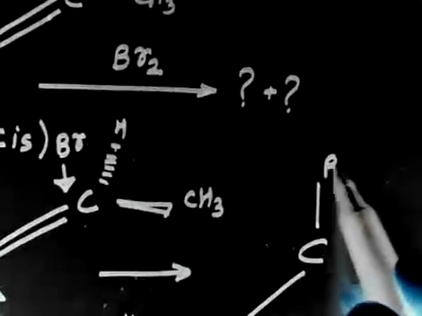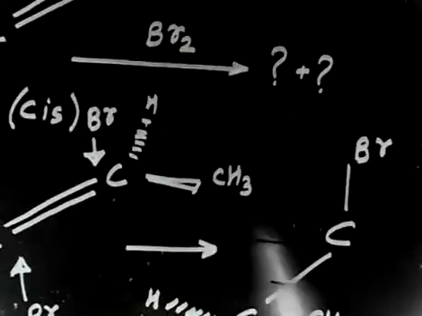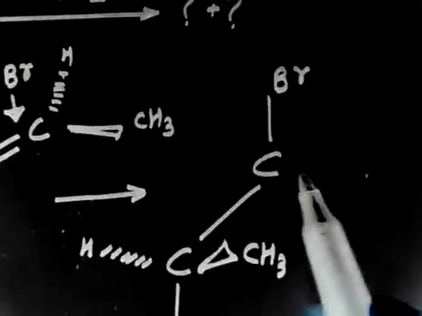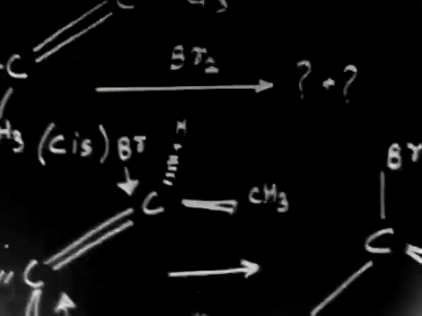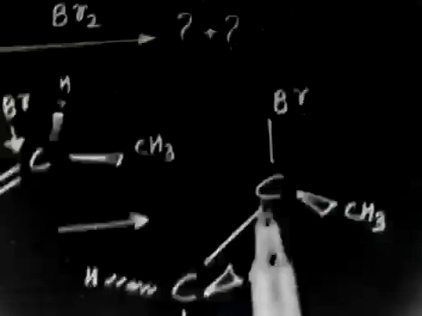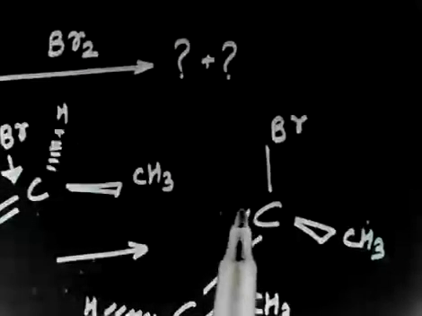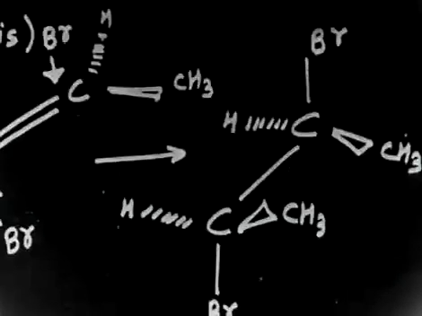So this is the bromine, and this CH3 will go slightly down, something like this. And the hydrogen that is behind the plane will go slightly below. I think all of you are able to see this. So it will look something like this.